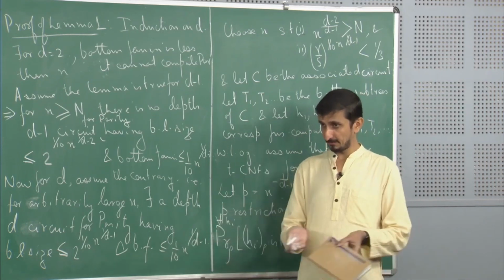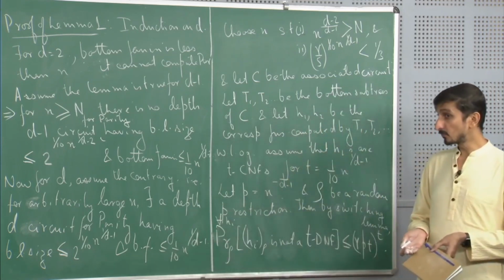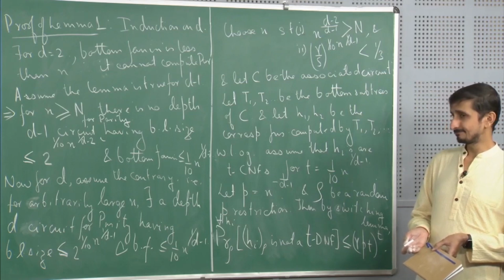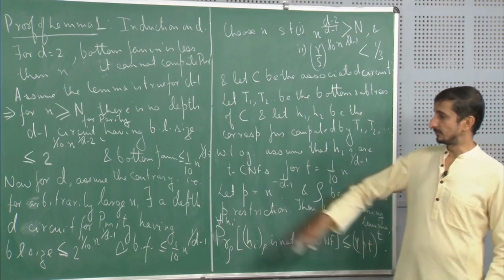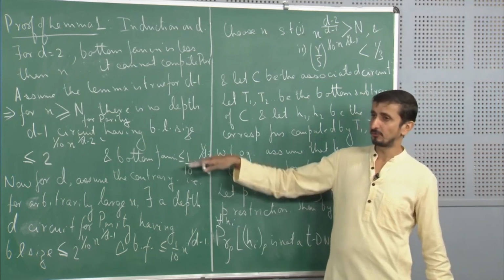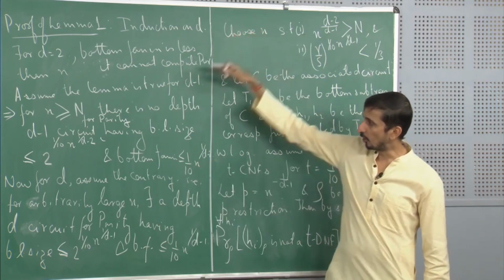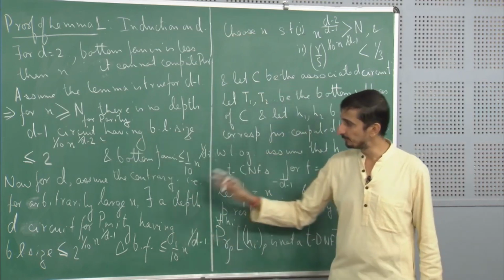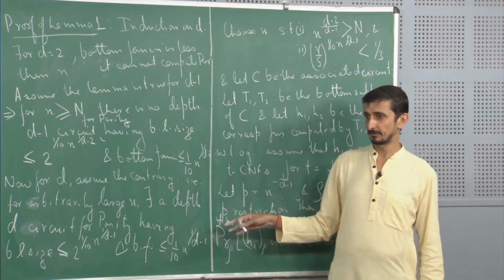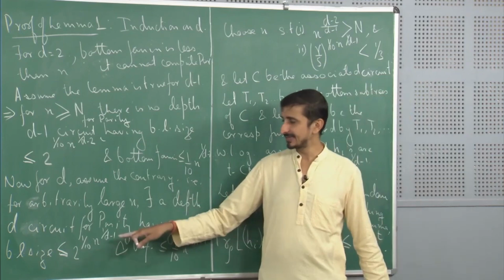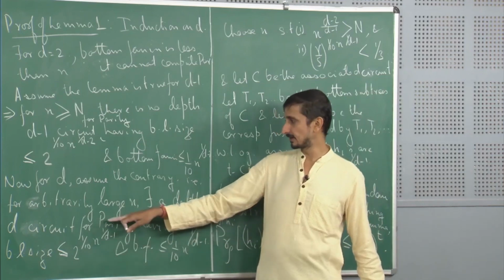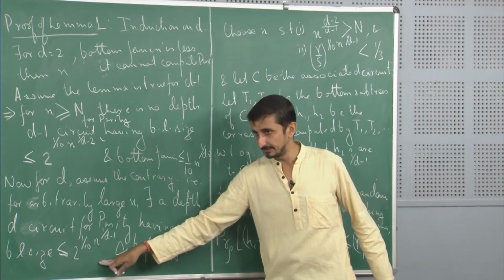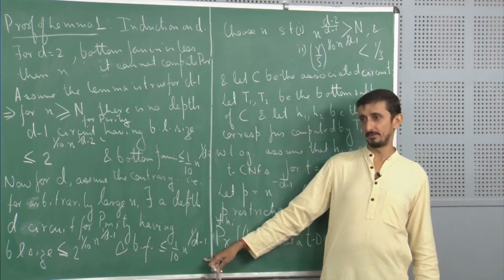The bottom fan-in was bounded by 1 n to the power 1 by d minus 2. That is the inductive assumption, that the lemma is true for all values up to d minus 1. Now we are assuming that it is not true for d, which means there is a depth d circuit computing parity for arbitrarily large n, whose size is bounded by this and whose bottom fan-in is bounded by this.